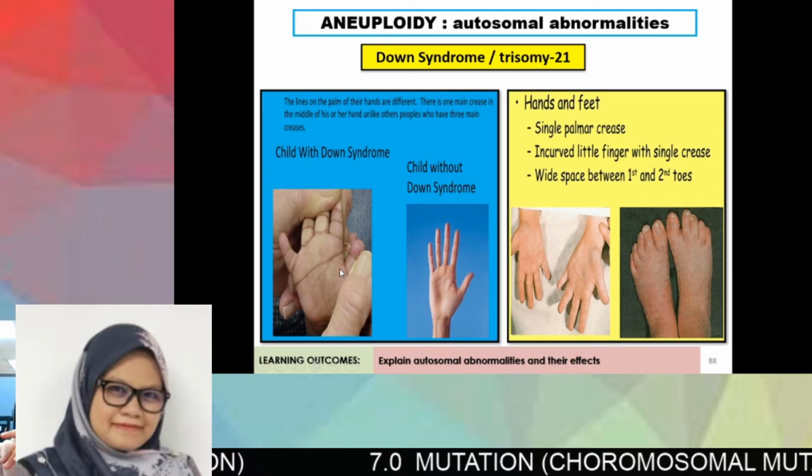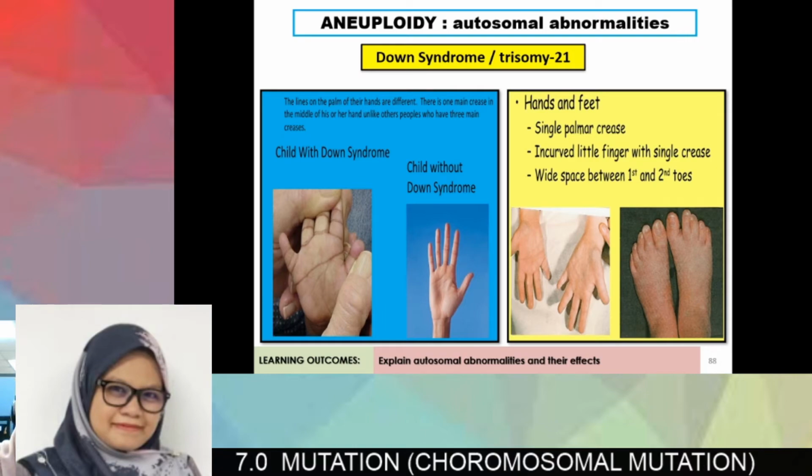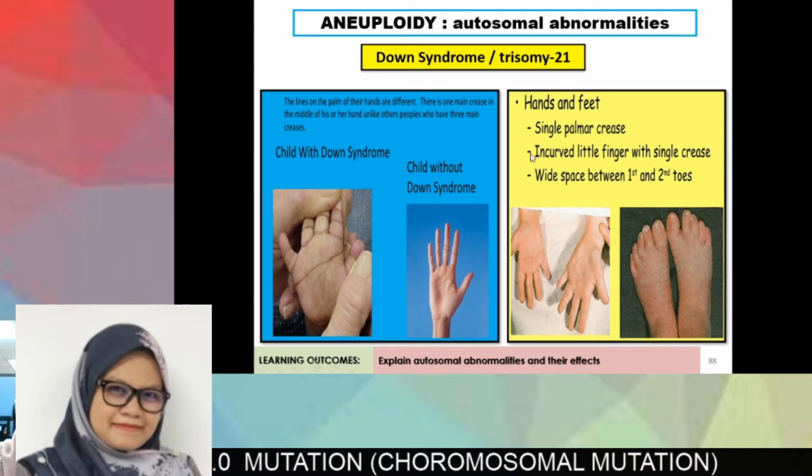And then hands and feet dia akan lebih short finger, and then dia akan ada white space between yang pertama dengan yang kedua.